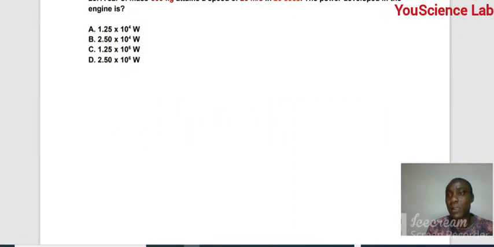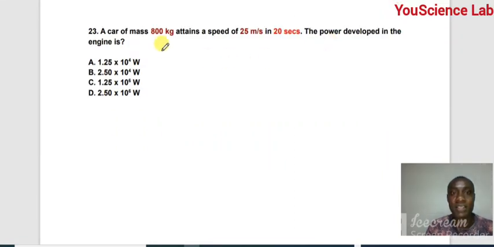23. A car of mass 800 kg attains a speed of 25 meters per second in 20 seconds. The power developed in the engine is... Now we know that power can be written as force times distance divided by time or displacement.